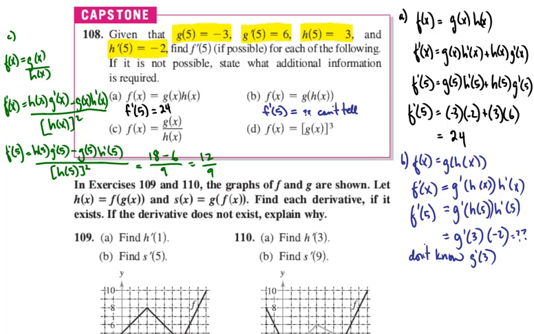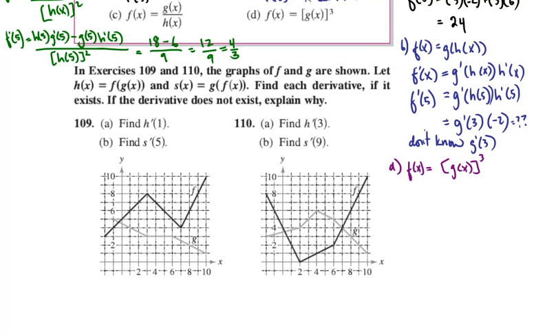And the final example, D, is f of x equals g of x quantity cubed. We can see that this is function composition, so we'll need the chain rule. And f prime of x will be 3, leave the inside alone, reduce the exponent from 3 to 2, 3 times g of x quantity squared times g prime of x.